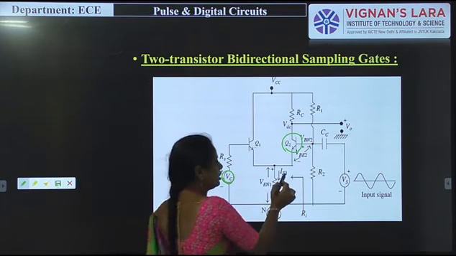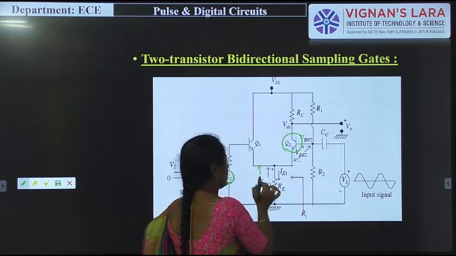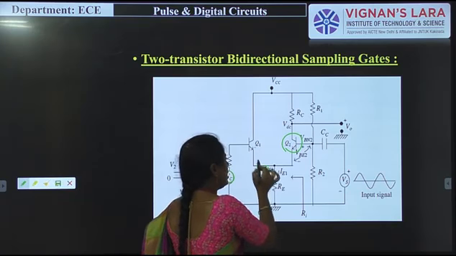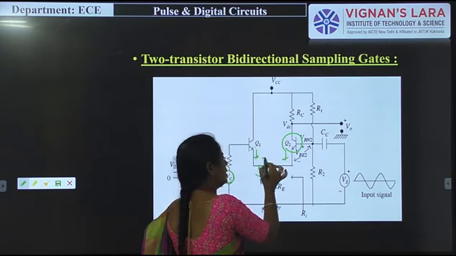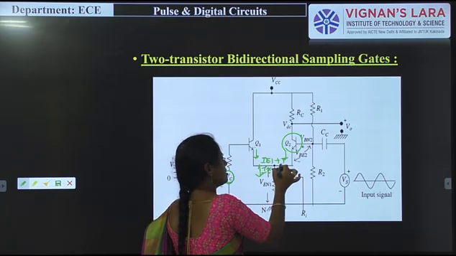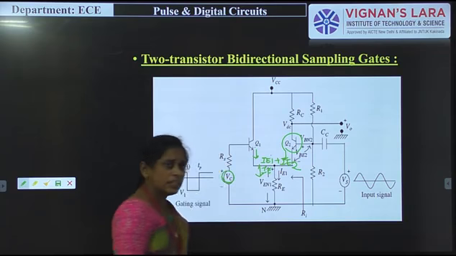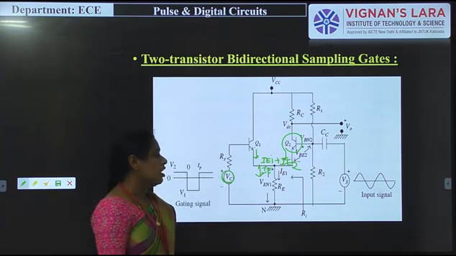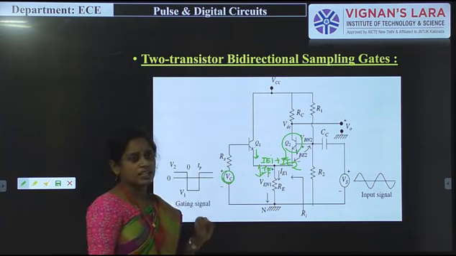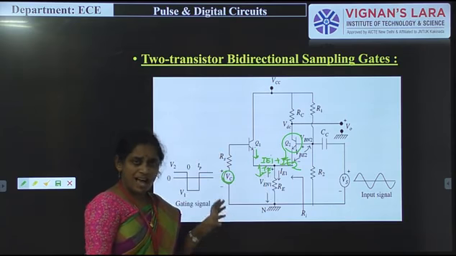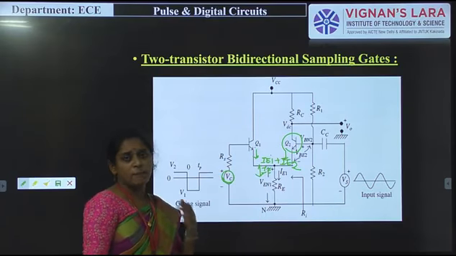So what is meant by emitter coupled logic? The current flowing through this one we take as IE. So this IE is equal to IE1 plus IE2. When one of the currents increases, the other decreases. Why? Because here this IE current is maintained constant, as we already said for the emitter coupled clipper.